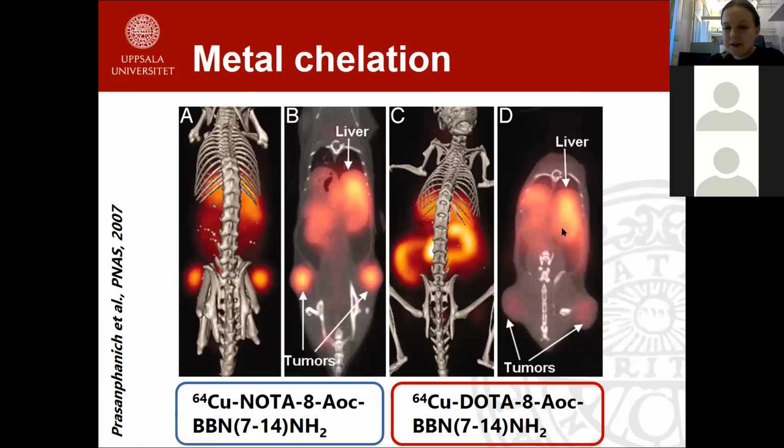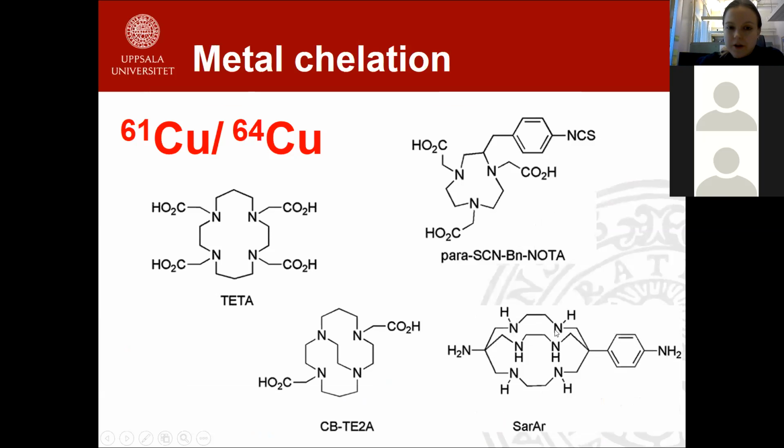So what we see again is not so much in the tumor, because everything is just taken up by liver and doesn't reach the tumor, so we don't really see good visualization of tumors. And then there were alternative chelators that were developed for copper that suited much better compared to NOTA.